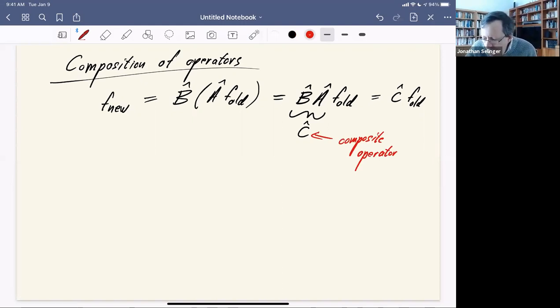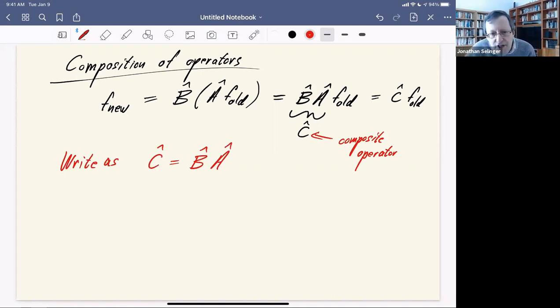And now we can get a little bit more abstract. Instead of just thinking about these things acting on a function, we can combine the operators as abstract objects. And so we will write this as C is equal to BA.